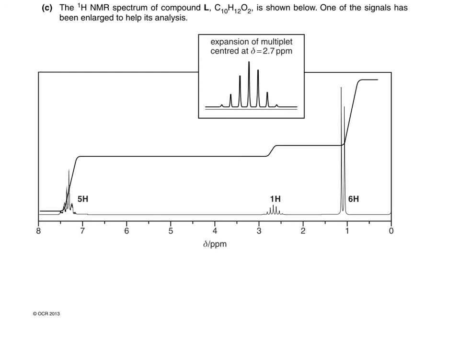So we have a peak at 1.2 here, and this is a doublet at 1.2. So using our data sheet, that's going to be RCH.